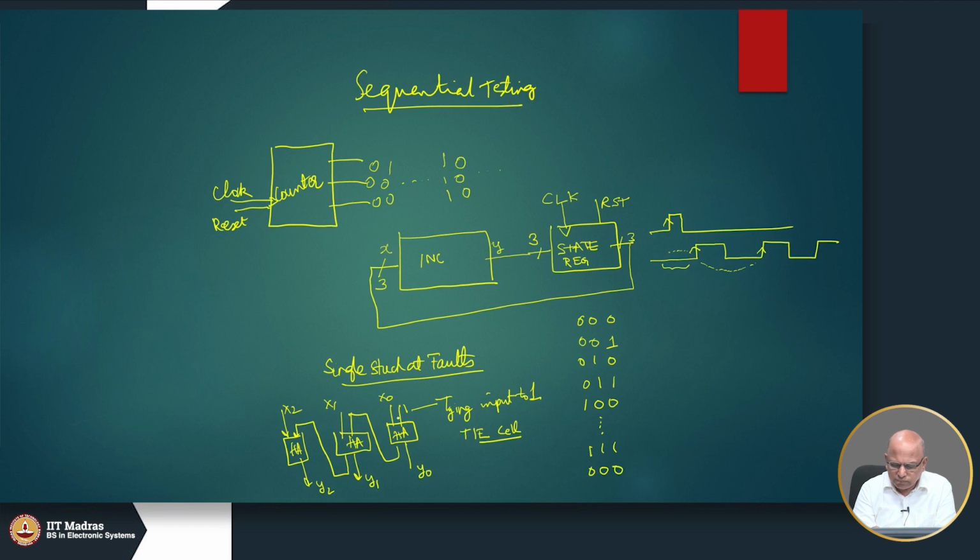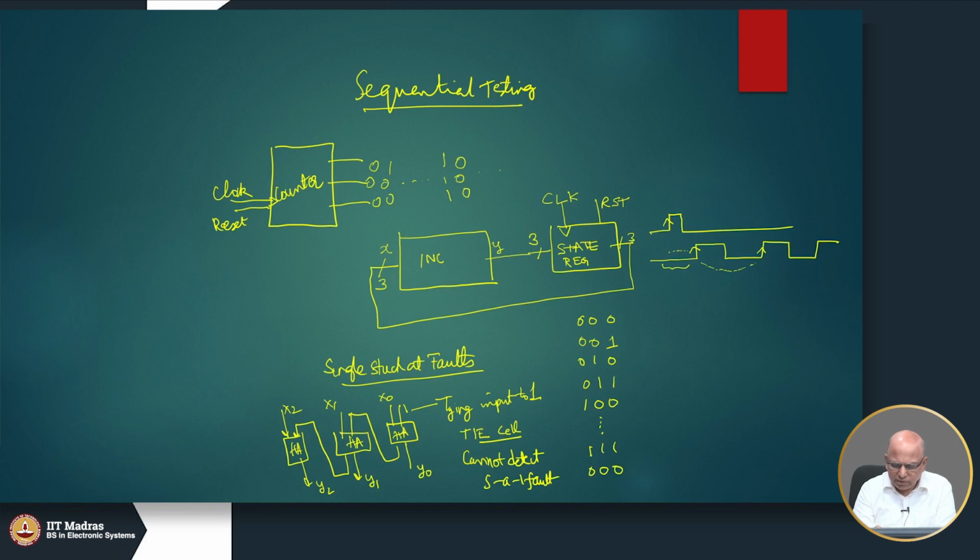In order to activate the fault, we have to make it 0, but we can't make it 0, right? It is already connected to 1. You may also wonder, if there is a stuck at one fault, does it really matter, because it is anyway supposed to be 1. So, a stuck at one fault on this wire cannot be detected.